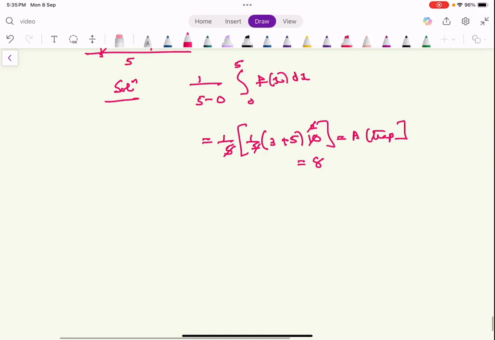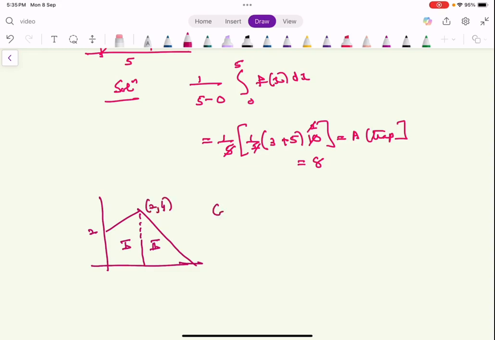Okay, let's do one more question on average value. So let's look at this figure here. So this is 2 and I can divide this into area of 1 and area of 2, and this is the point 2, 4.